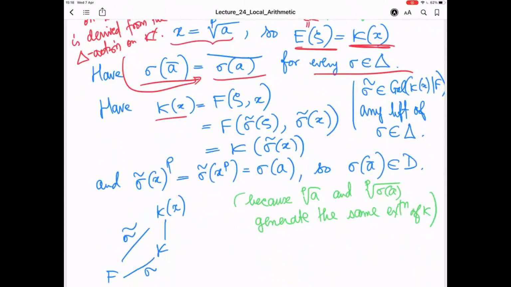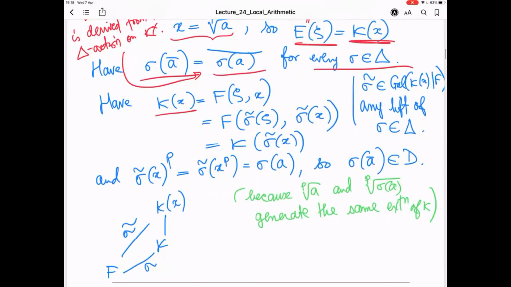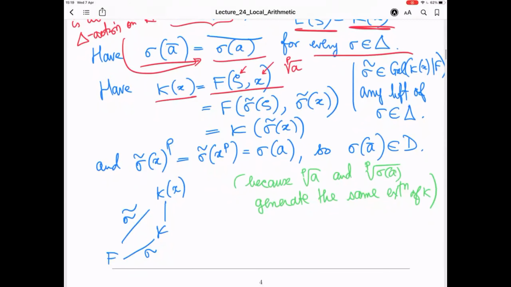So let's look at K(x). By definition, you first adjoin zeta to F to obtain K, and then you adjoin x, which is a pth root of this particular a. Now K(x) over F is also cyclic, it's Galois, right? Here is K and here is delta, and sigma is an element of delta.